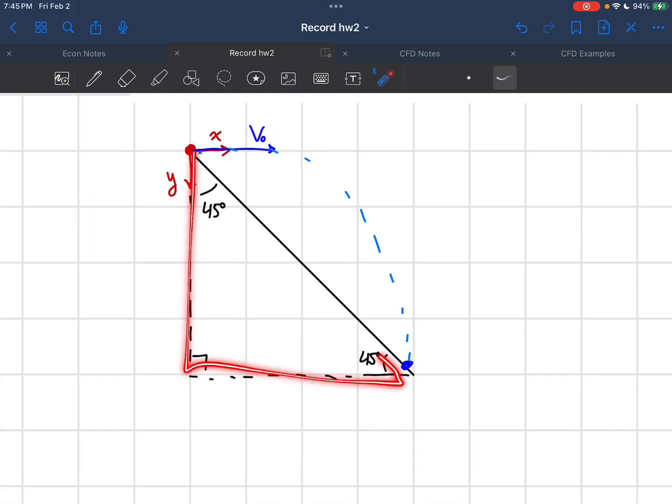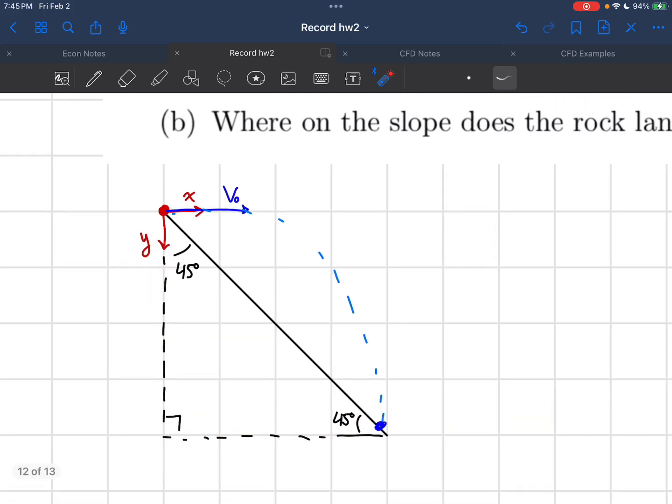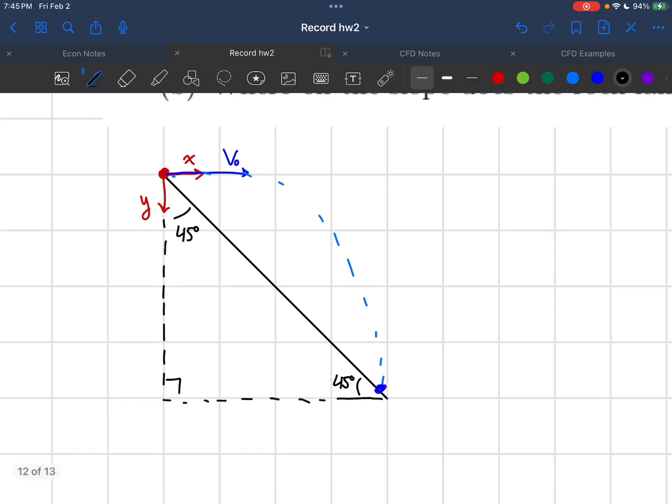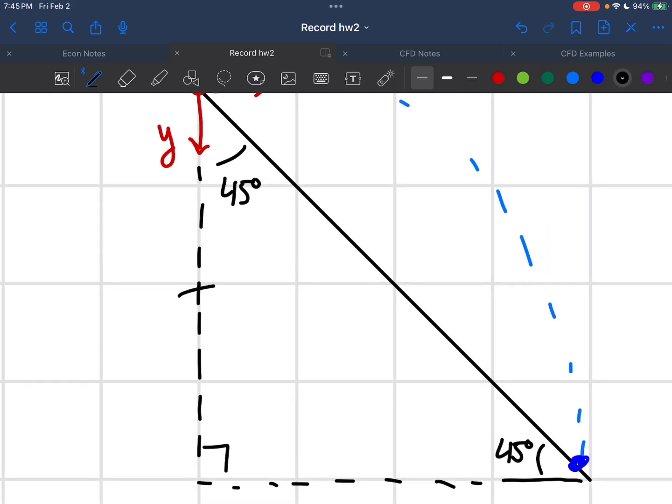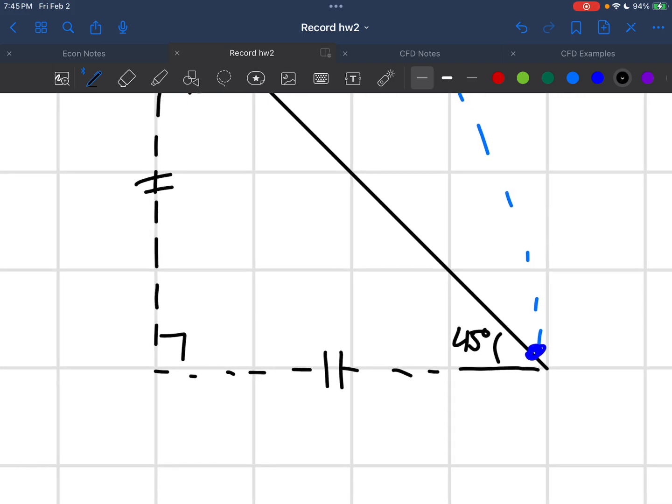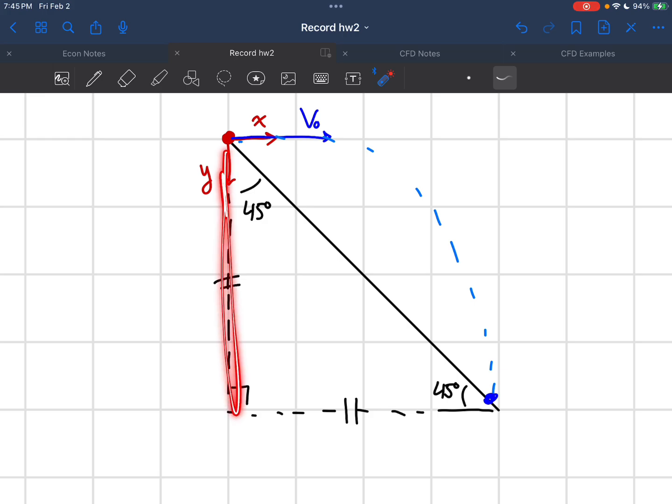All right, we can check that because my interior angles will add to 180. So I have my 45, 45, 90 right triangle, which also means that this triangle is isosceles, right? This leg of the triangle is the same length as this leg of the triangle. And coincidentally, this leg of my triangle, well, that's just my y coordinate, or my final y position from 0.